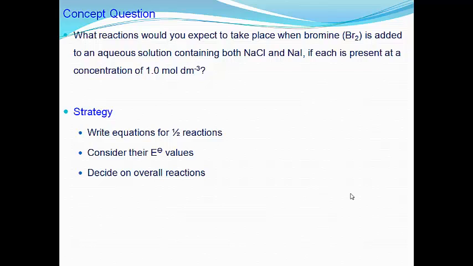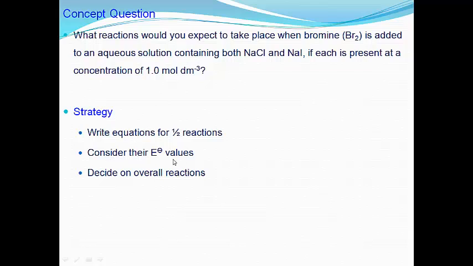So what reactions would you expect to take place when bromine is added to an aqueous solution containing both NaCl and NaI, if each is present at a concentration of 1 mole per dm cubed? Again, the strategy involves writing out half equations or half reactions.